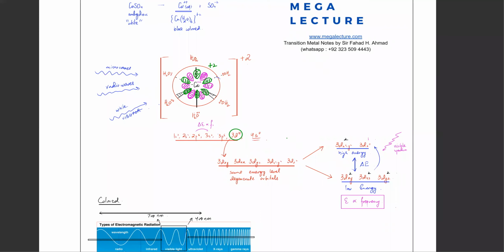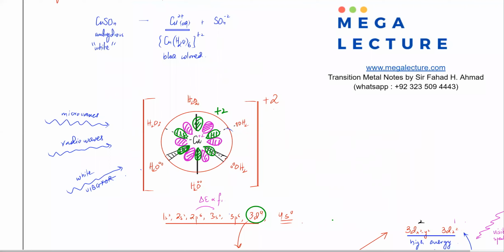Because of d-d transition. Exactly. The thing is that you have a d subshell, and the d subshell has 5 orbitals, and some of the electron densities lie between the axis, some of them lie on the axis, like the green ones. The d subshell is inside the atom. It's not on the outside.